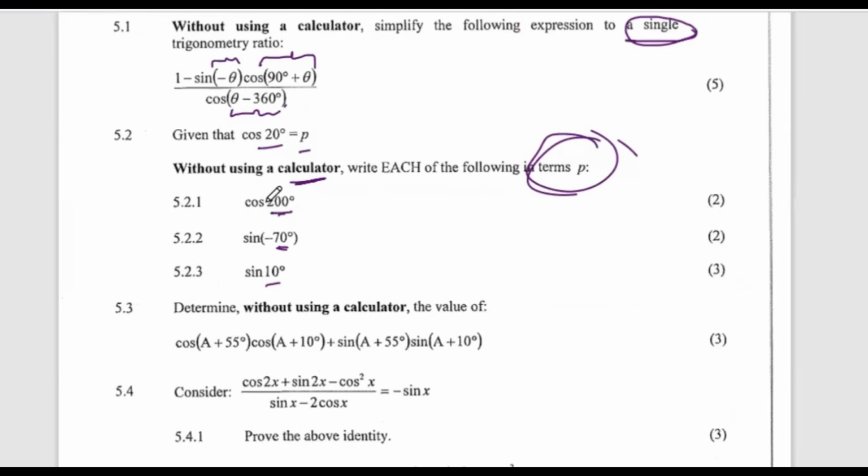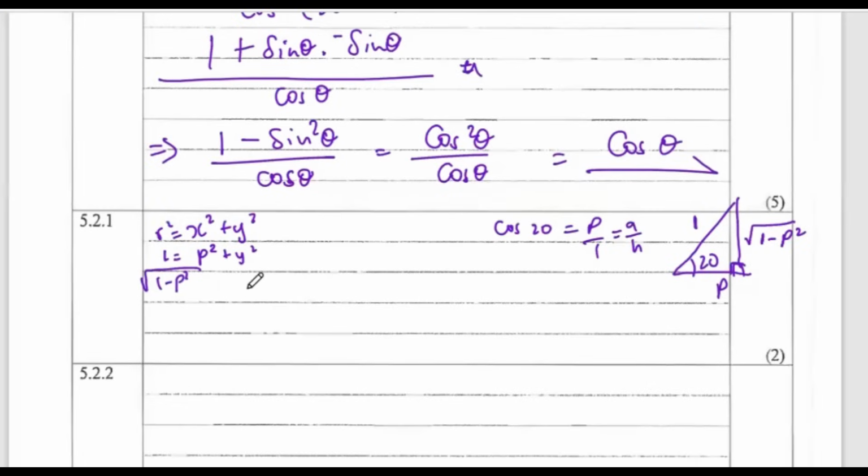But they want us to get cos of 200. For cos 200, which numbers do we play with so that there's a 20 involved? We can reduce, because we can't get 200 from a triangle, remember, so introduce it to an acute angle. Looking at this, I can say cos of 180 plus 20.